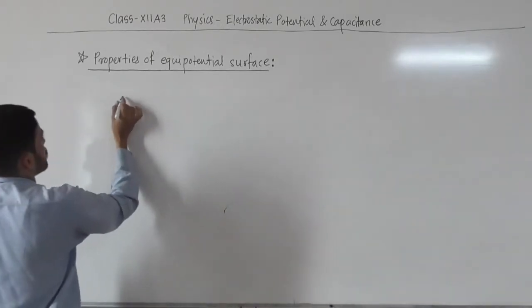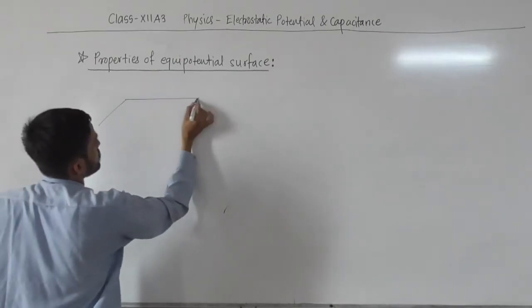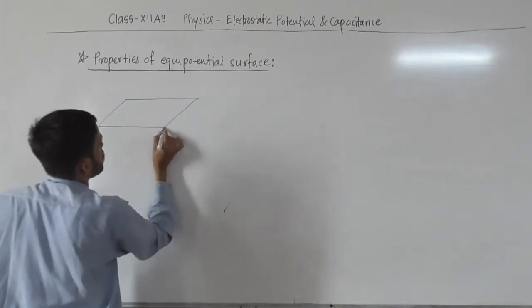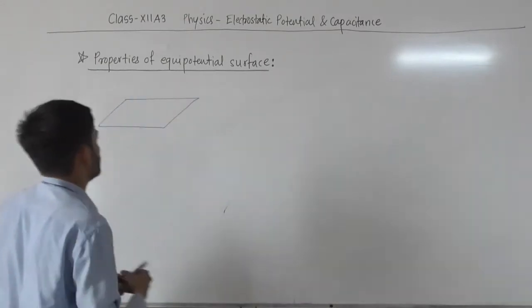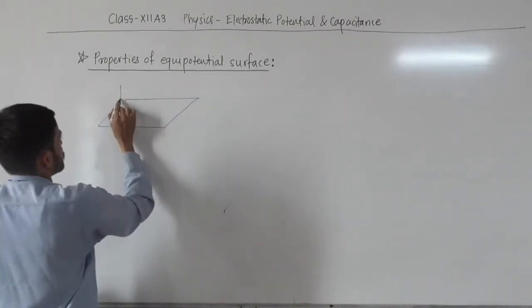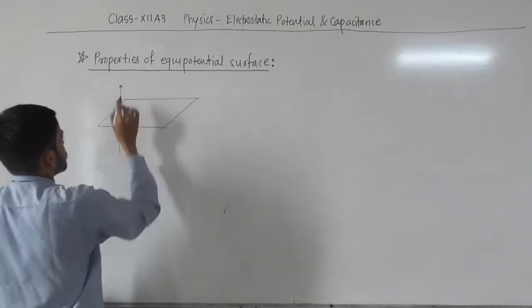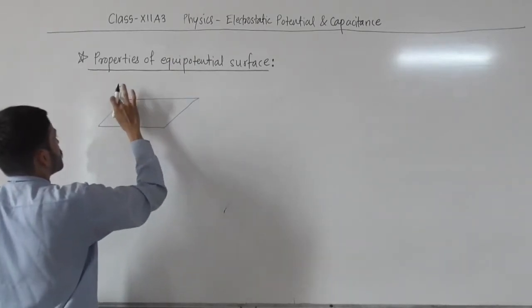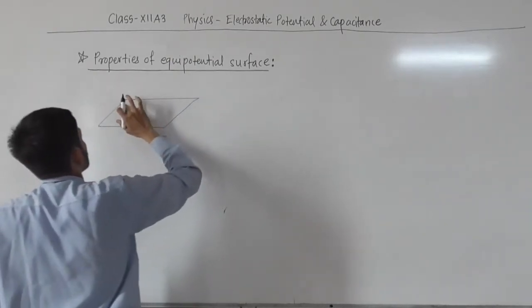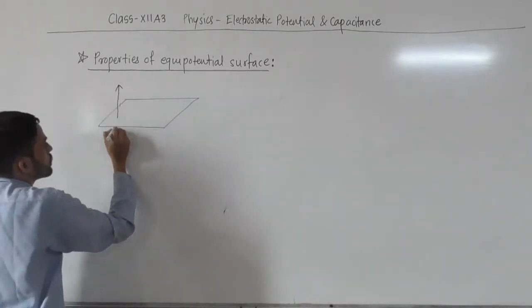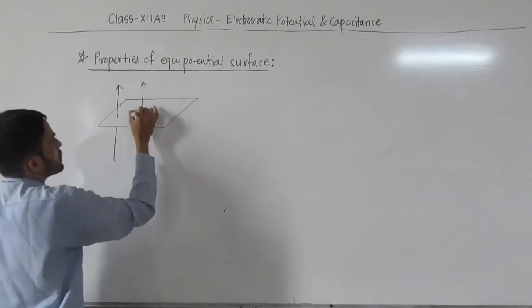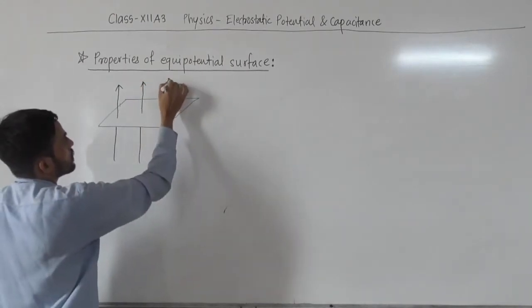Suppose let me draw this surface like this. This is my equipotential surface. Of course, the electric field will be like this. Suppose like this electric field is there.